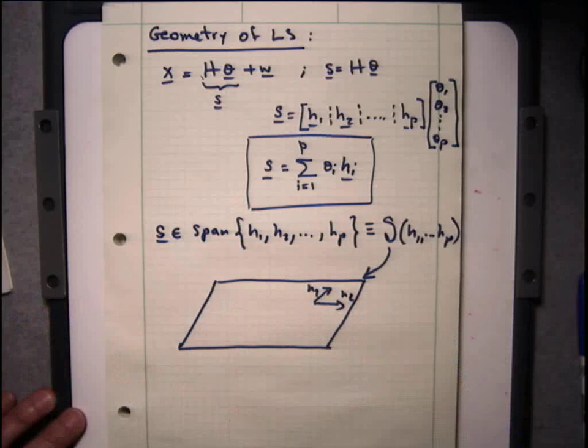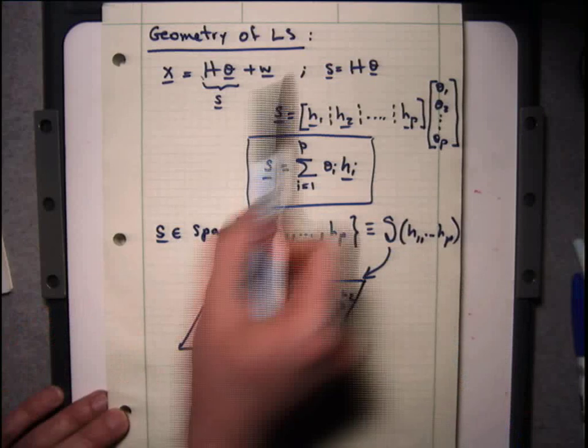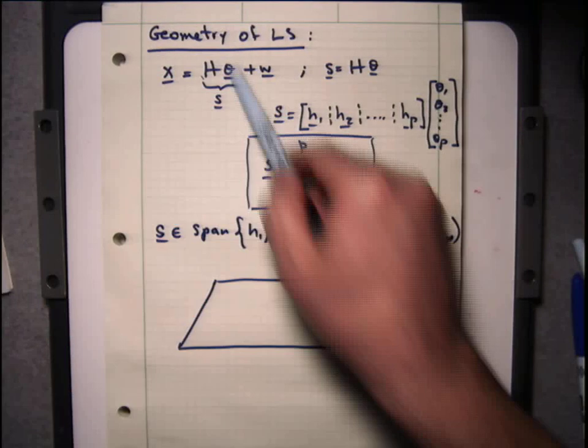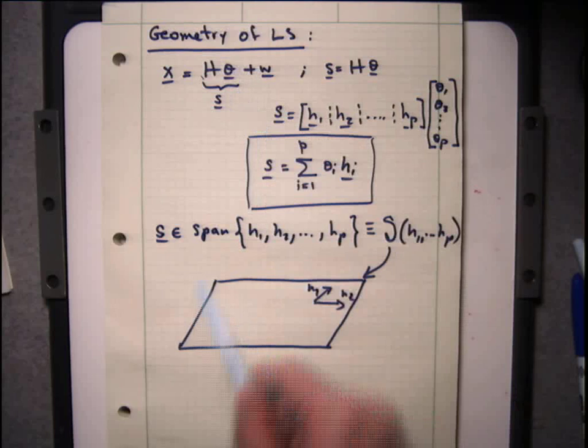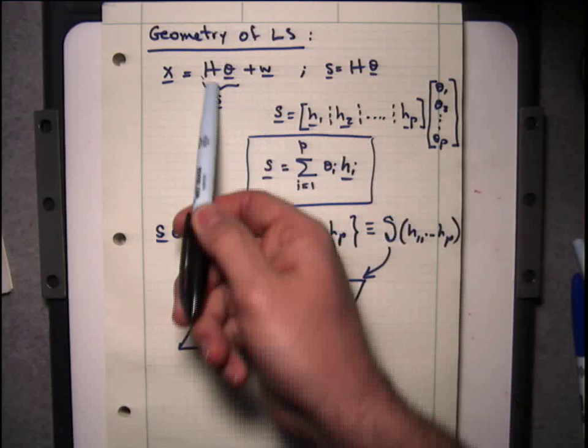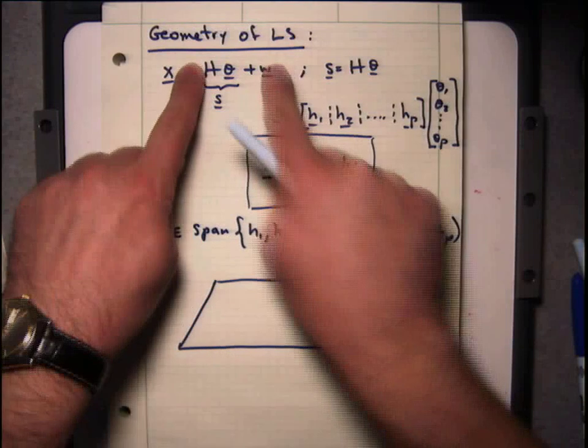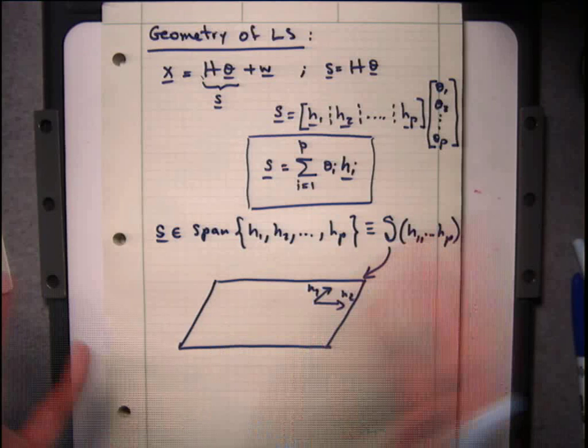Now let's go back for a second to this measurement equation. If you look at this measurement equation, this part of it, of course, lives in this space. But now you're taking this signal and adding some noise to it. This noise has some distribution. It's a random quantity. We haven't really made any assumptions about what it is. But one thing we can be almost sure of is that whatever this W is, the likelihood of the sum of these two terms still living in the space is almost zero.